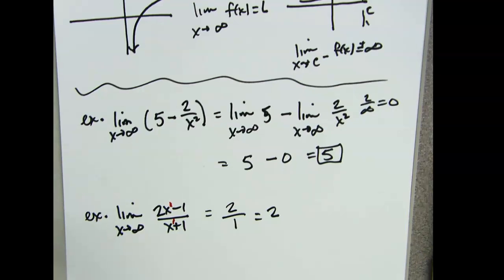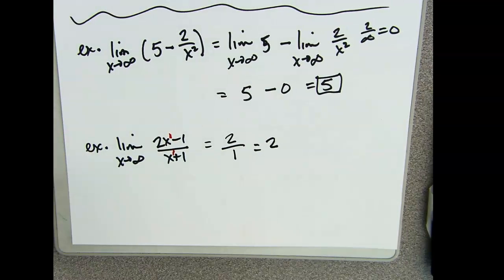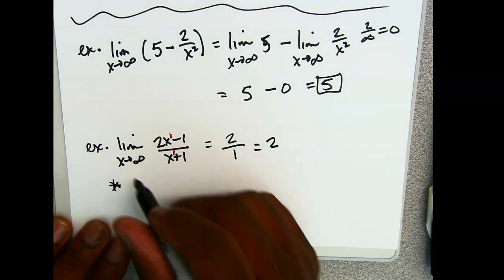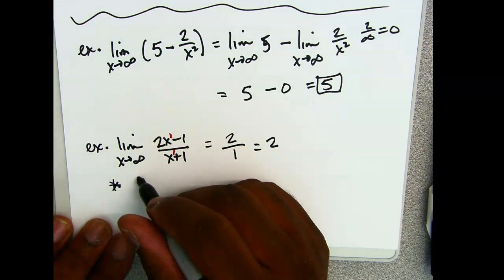Okay, another way to solve this problem would be to divide all of the terms by the highest power in your denominator. So please write this down and highlight it.